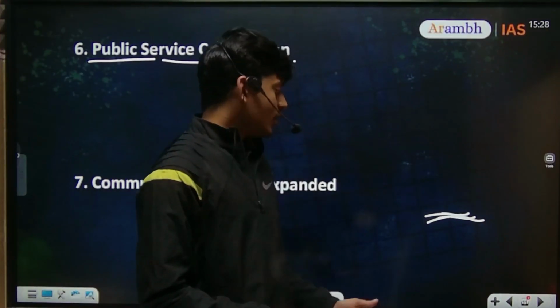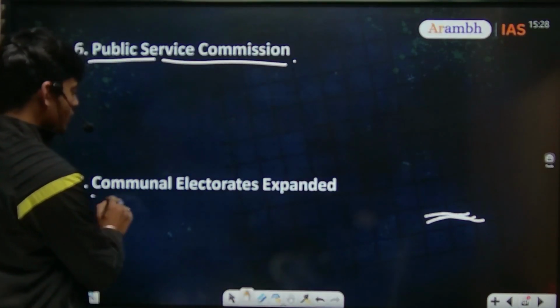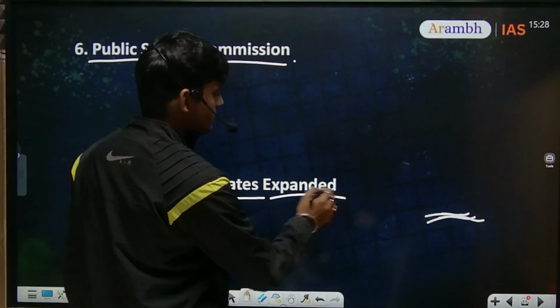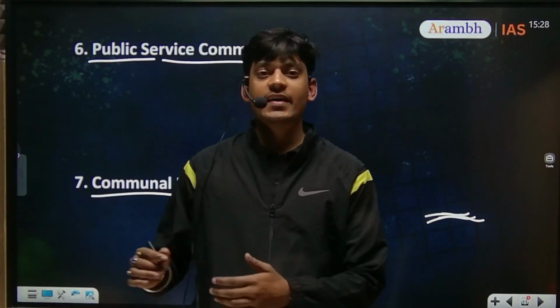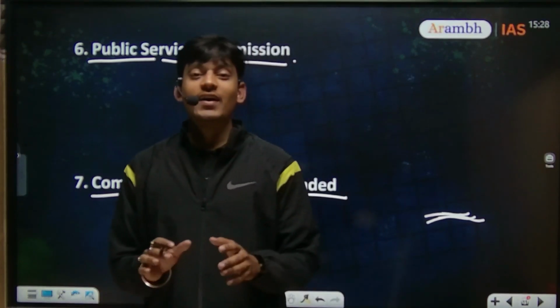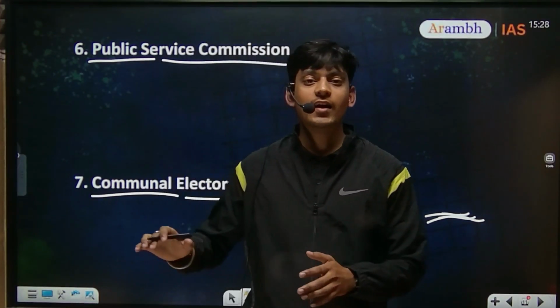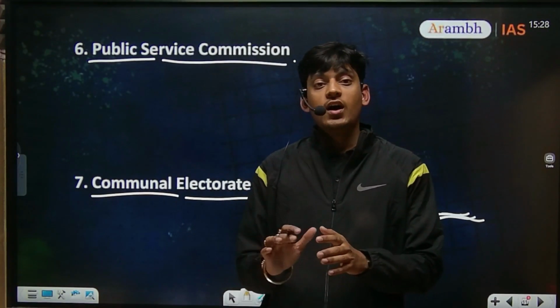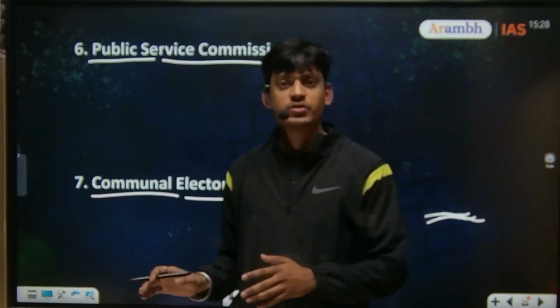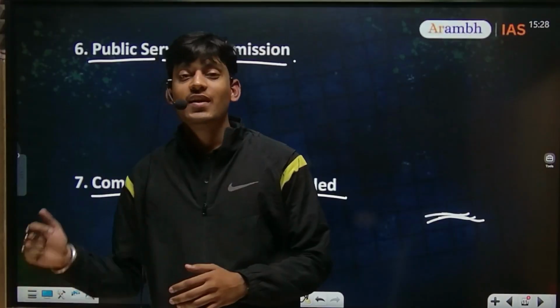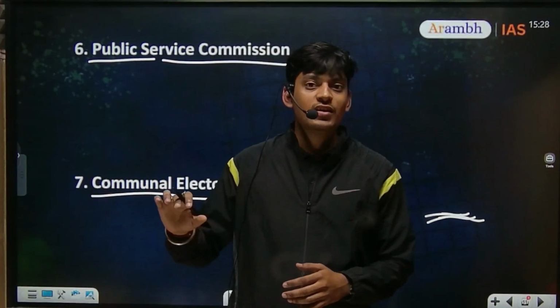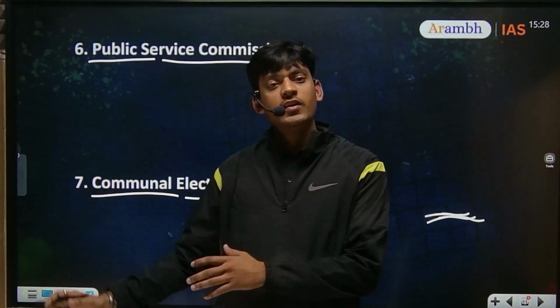Now, the seventh point is communal electorates expanded. Unfortunately, the act extended separate electorates to Sikhs, Indian Christians, Anglo-Indians and others, beyond just Muslims, as in 1909. This deepened the communal divide.